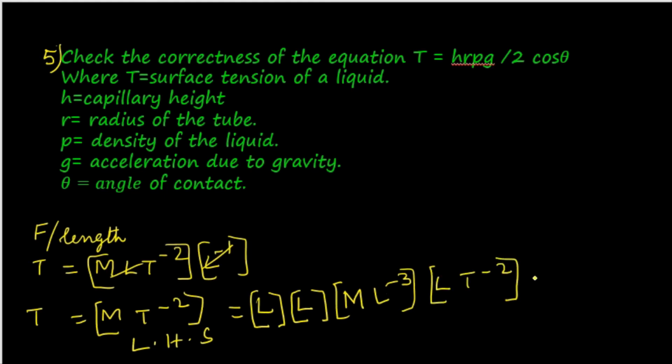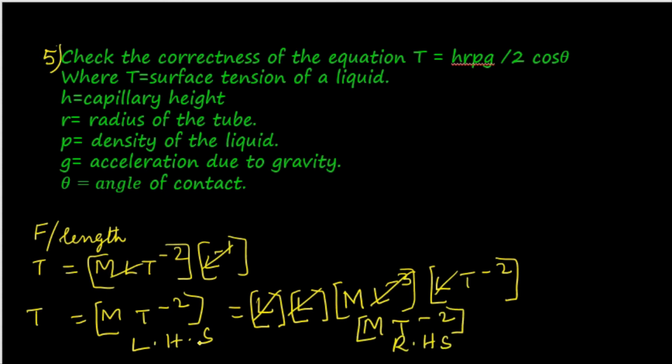When we consider all this, you have L into L into L, which is L raised to 3. Here you have L raised to minus 3. So, all these L get cancelled. What remains is M T raised to minus 2. This is the right hand side.